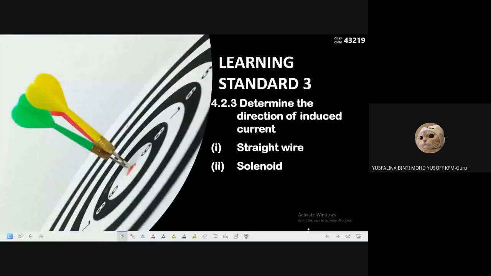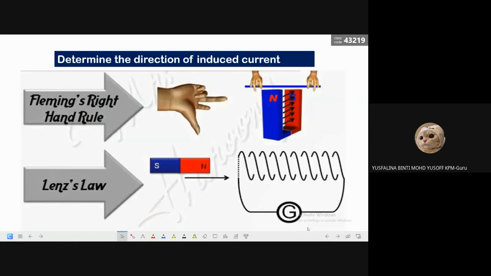We determine the direction of induced current in a straight wire or a solenoid. I already marked half of your exam paper, and there was one question that asks about the rule you need to use to find the direction. Some of you said Fleming's right hand rule.